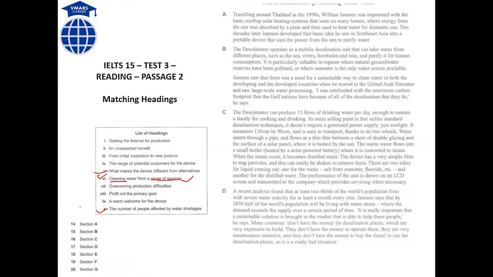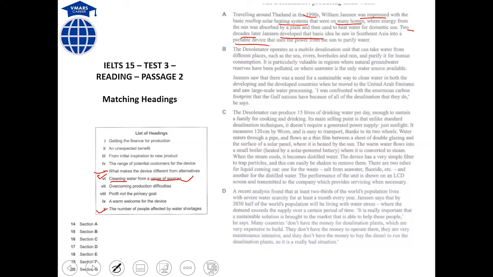So let's look at paragraph A. Traveling around Thailand in the 1990s. So they're referring to the past here. William Jensen was impressed with the basic rooftop solar heating system that was on many homes. So he was impressed with the heating system on many homes. Okay. Two decades later, he developed the basic idea he saw in Southeast Asia into a portable device that uses the power from the sun to purify.